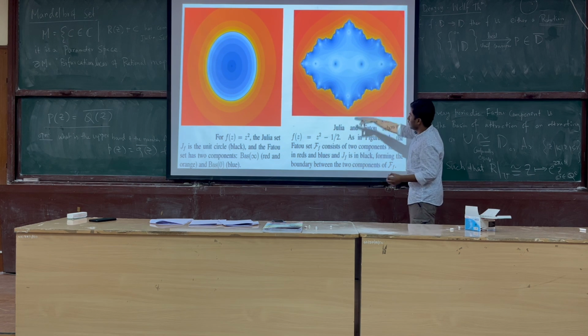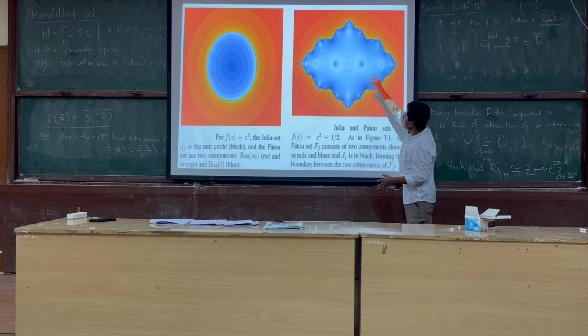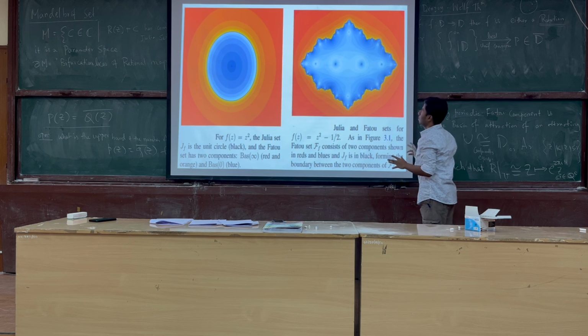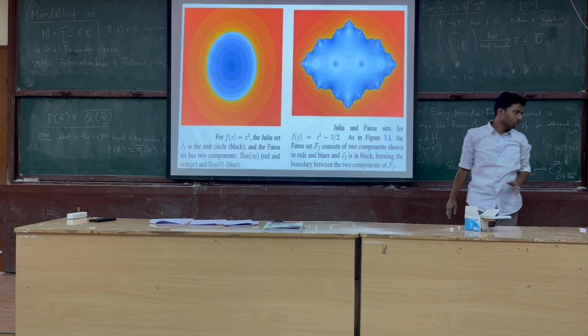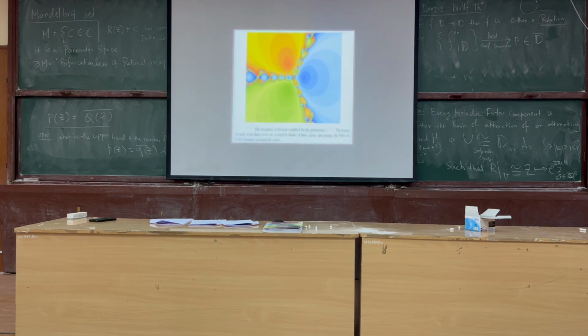So these are precisely the basins. This boundary which we have denoted here is the Julia set. So this is just a pictorial view for understanding the Fatou and the Julia sets.